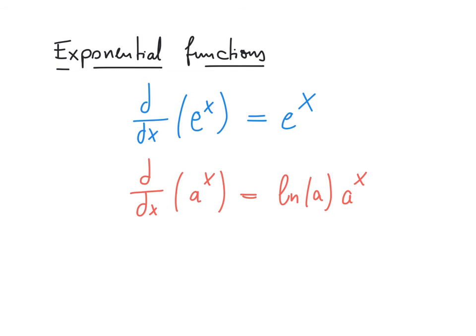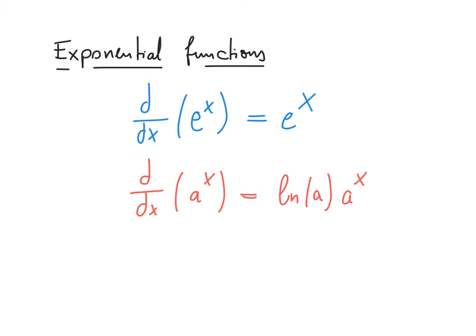And of course, if you plugged in e here for a, then this would be ln of e, which is 1, so it would just be multiplying by 1. And that's the same as up here, right? So not quite as nice. If you have other bases, you do not forget to put the logarithm of the base in front, right, as a multiplicative term.